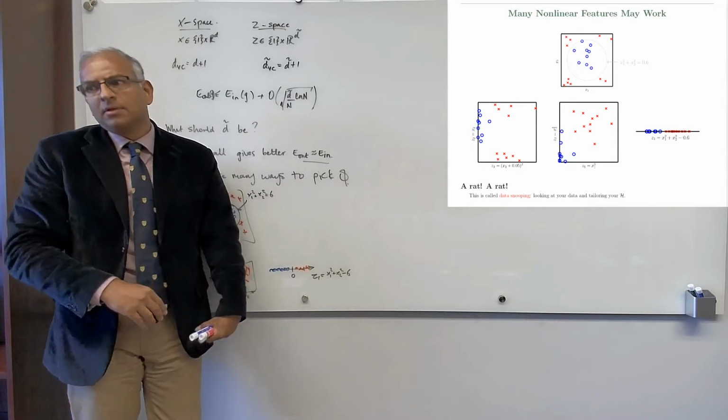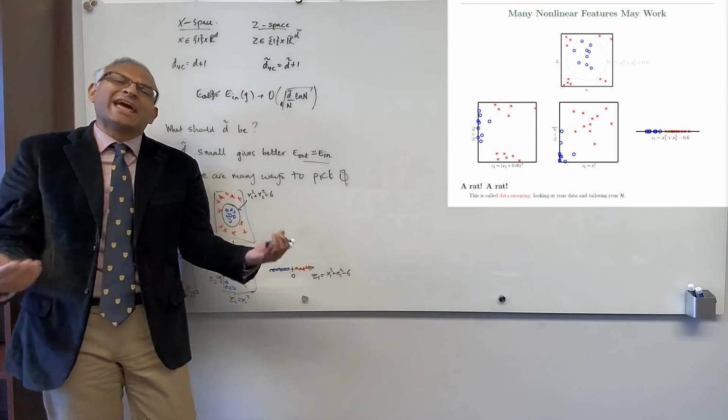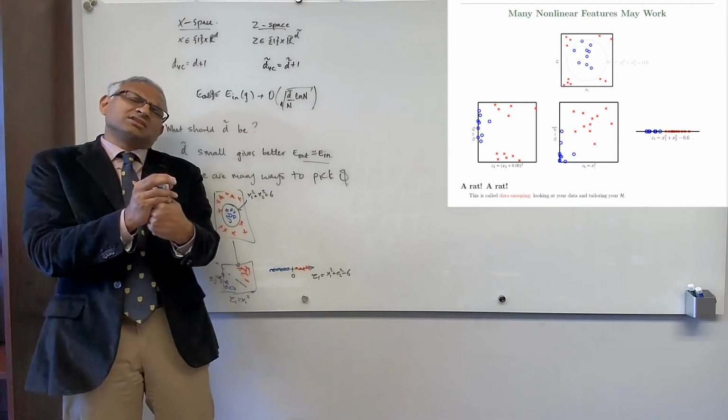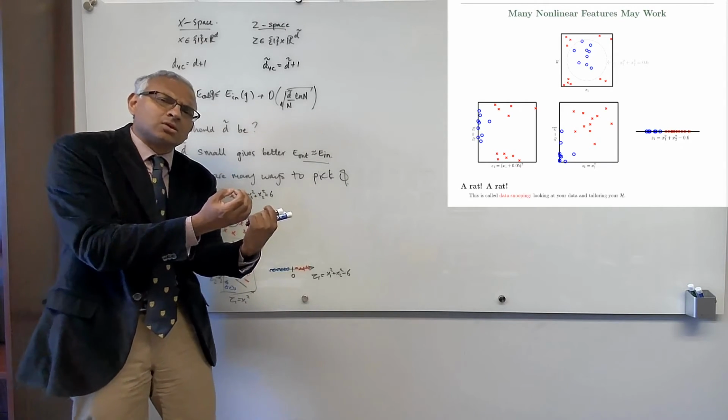And so let's discuss how you can actually use the feature transform in practice, because isn't the feature transform supposed to get you E in close to 0?